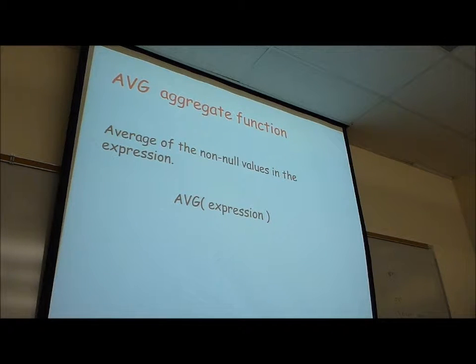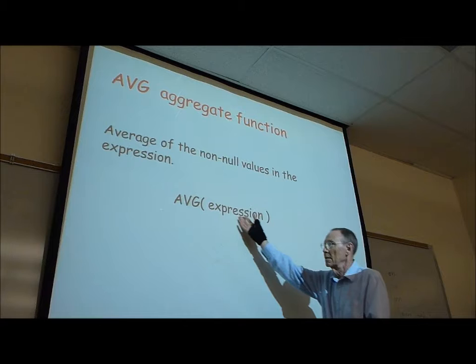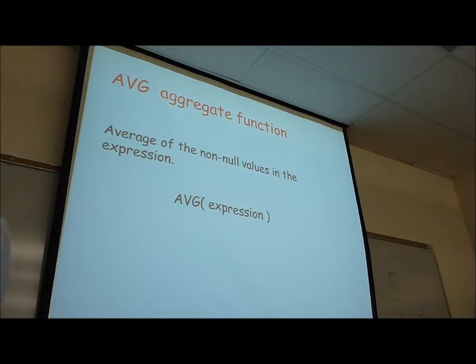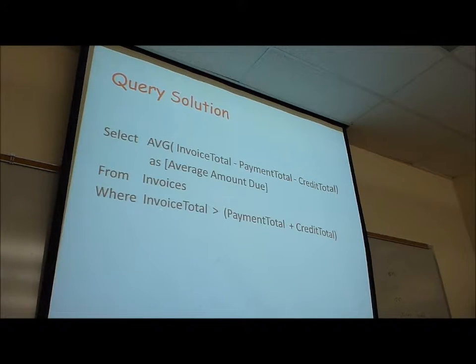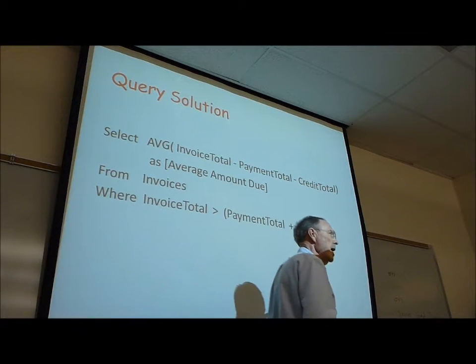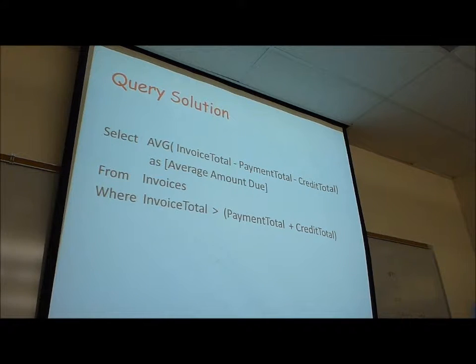But this is convenient, so we don't have to do that sort of thing. It looks just like the sum, except now I do the average. But it's also going to do a sum and then a count.